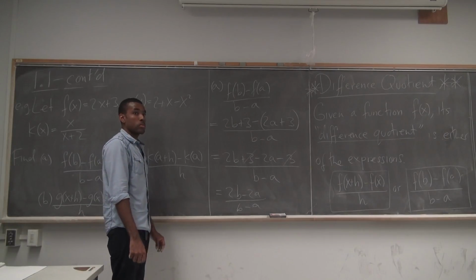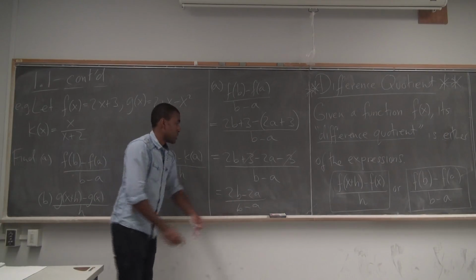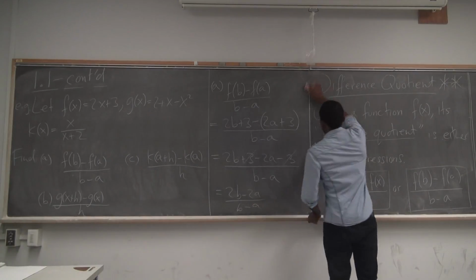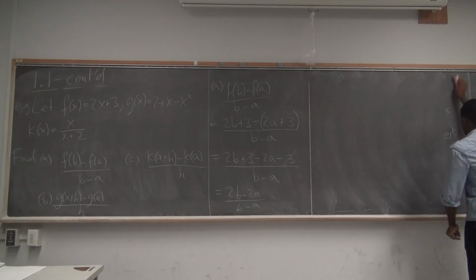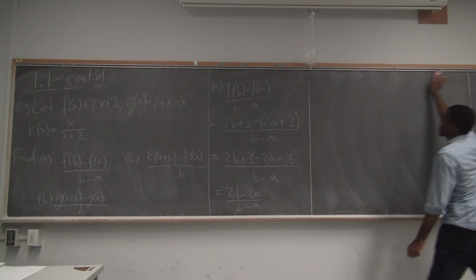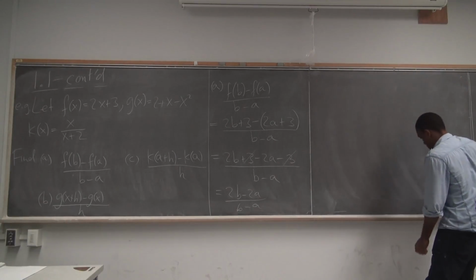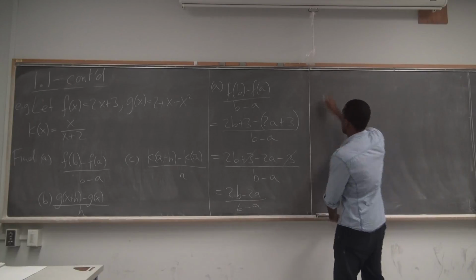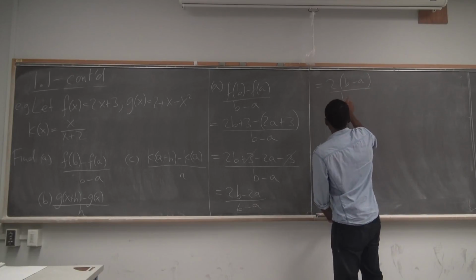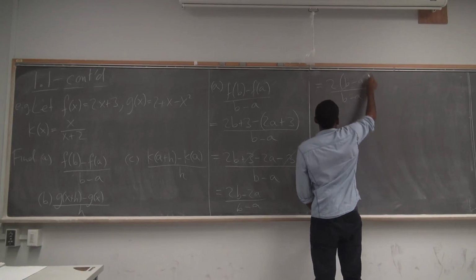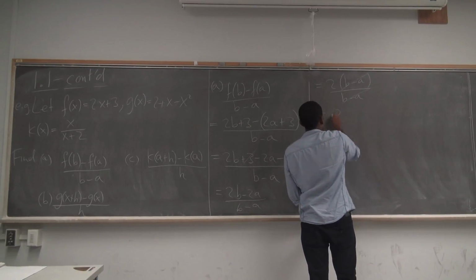Factor out the 2 on the top. 2 is a common term. So this is equal to 2 times b minus a over b minus a. That would cancel, and the answer is 2.